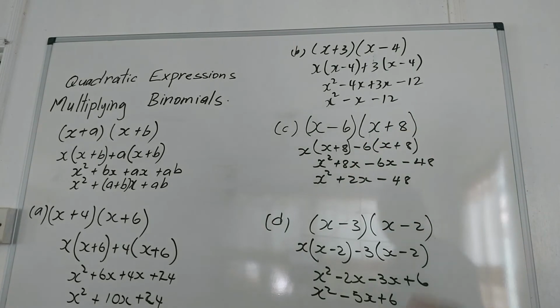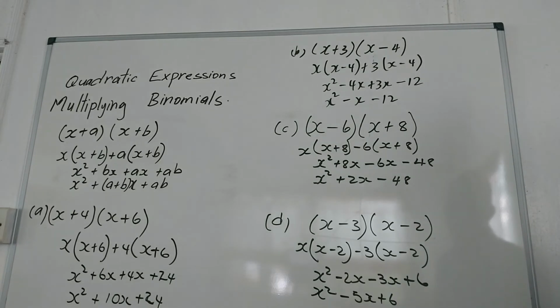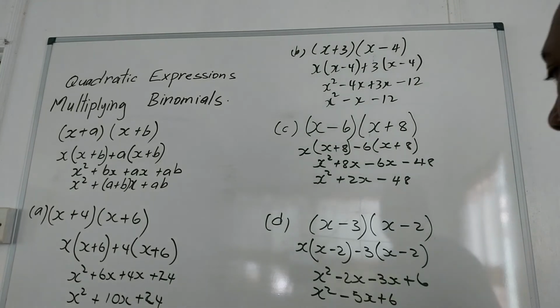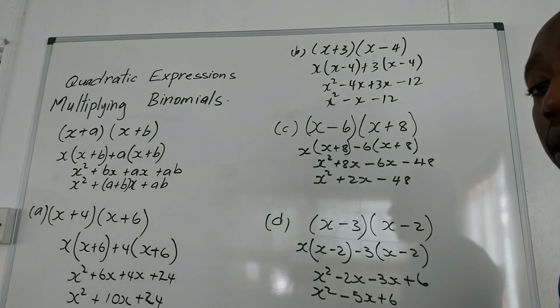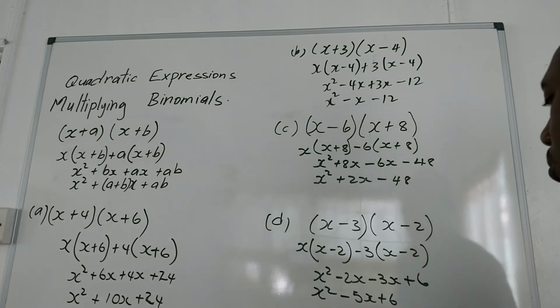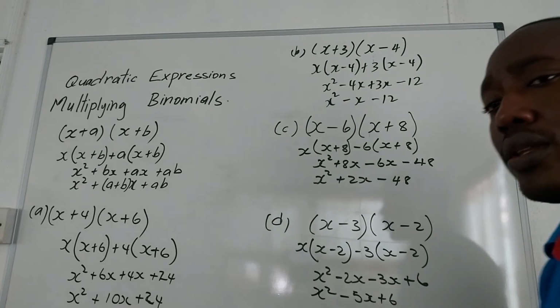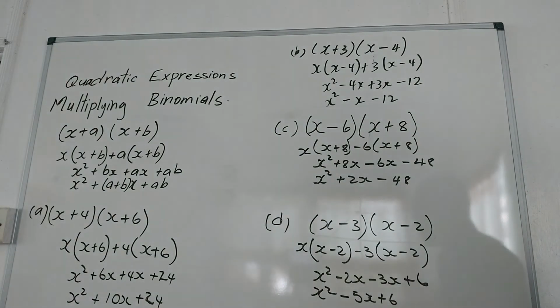And here, when both of them are negative, note that B will be negative and C will be positive. So that can be helpful for us to understand what we must look for in our answer when we are multiplying binomials.